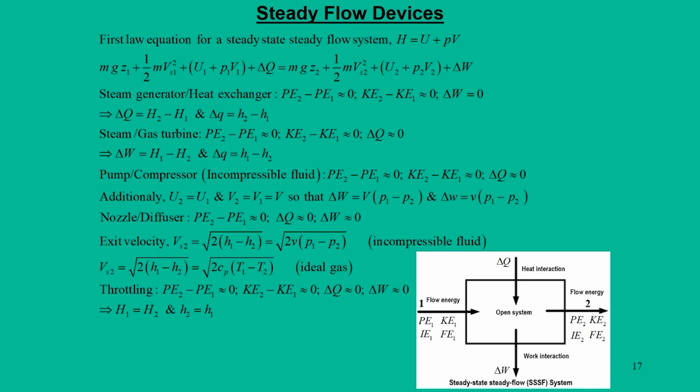Based on the nature of the device, many terms can be neglected, and accordingly we can frame these equations for different components like steam generators, heat exchangers, gas and steam turbines, compressors, nozzles and diffusers, because each device has a specific role to perform. So, this is all for the discussion.